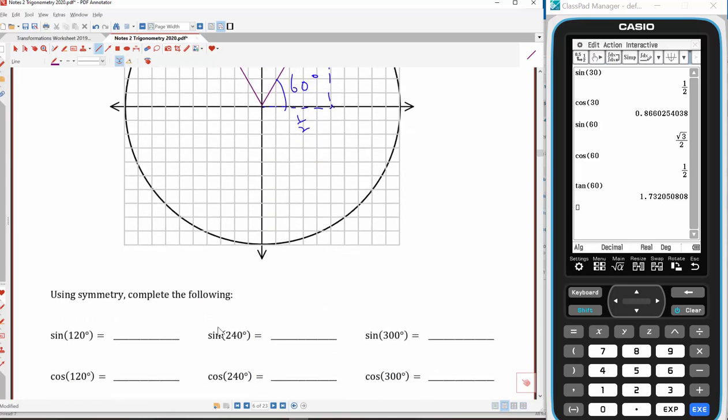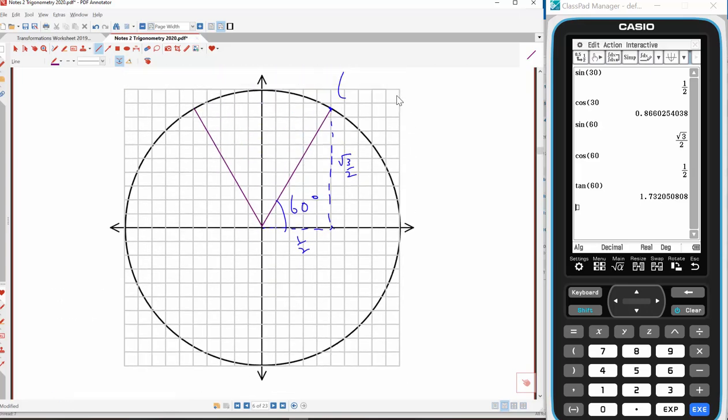So that's 120, 240, and 300. 240 is 60 more than 180, so that's going to take us to this point here. And 300 is 60 less than 360, so that's that point there. All right, let's mark those in. That's 60 degrees there, that is 120, that is 240, and that is 300. Chuck some degrees in.